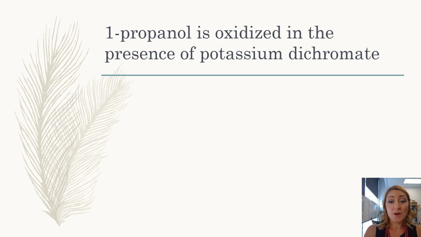So we were told that 1-propanol is oxidized in the presence of potassium dichromate. All right, so 1-propanol is a 3-carbon alcohol. There's 1, 2, 3. That looks like a primary alcohol to me, and it's oxidized in the presence of potassium dichromate.